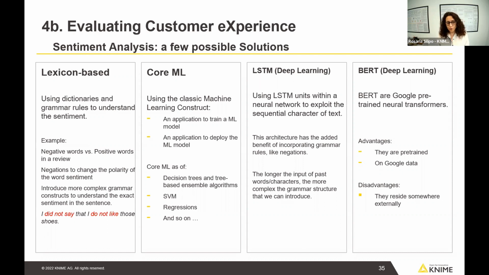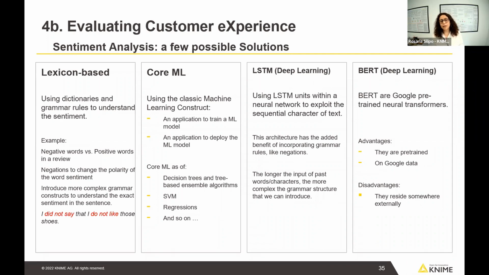The core machine learning algorithms could be many. We have decision trees and other tree-based ensemble algorithms. We have support vector machine, and that's what we have used in our examples. We have regressions. We have a lot of those algorithms. Of course, the performance depends on the algorithm that we have selected and also on how well we have set the parameters of the algorithm.